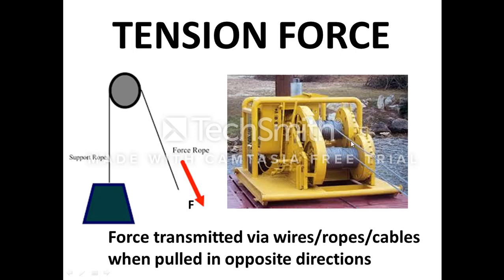In this case, for the winch to pull a load, a wire cable is needed, and this cable will be under tension in the direction opposite to the pull for it to work.